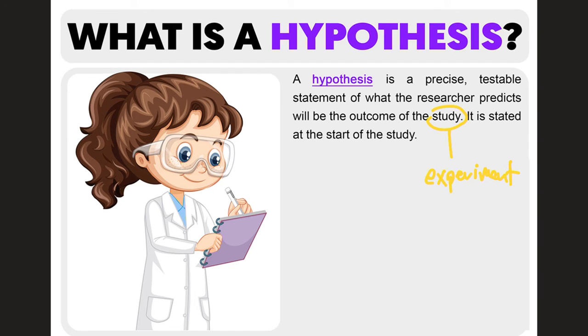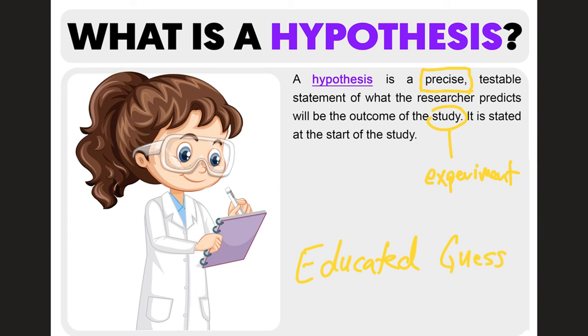So let's go over these words a little bit more carefully so we understand. Precise means that whatever you are guessing, because a hypothesis is an educated guess, we want to make sure that it's specific. You don't want to be too vague about this. Something that's vague is something that doesn't have details in it.